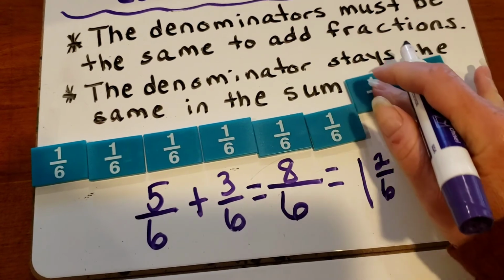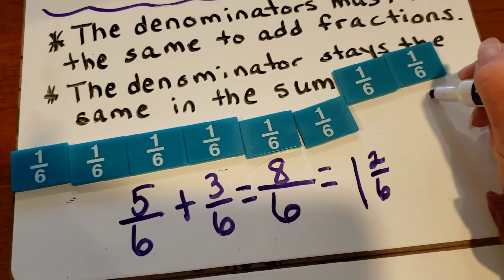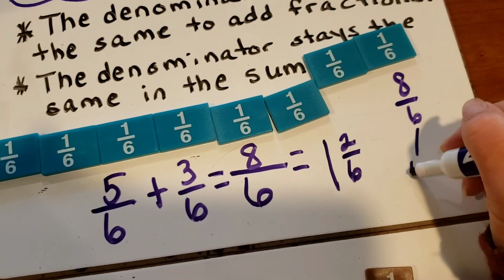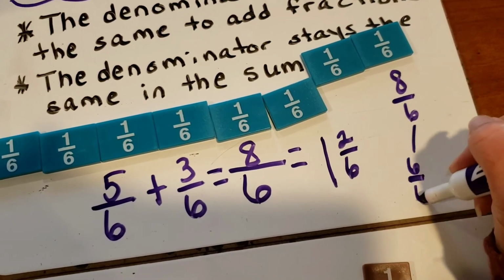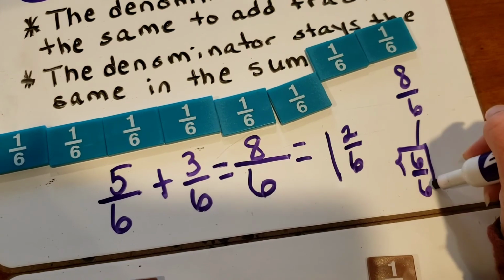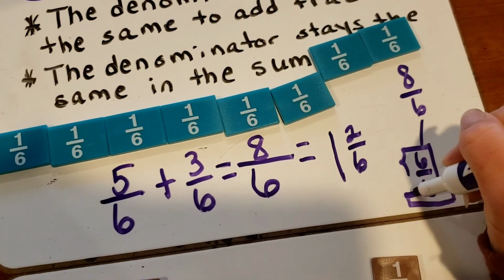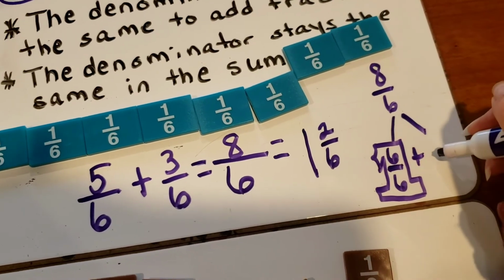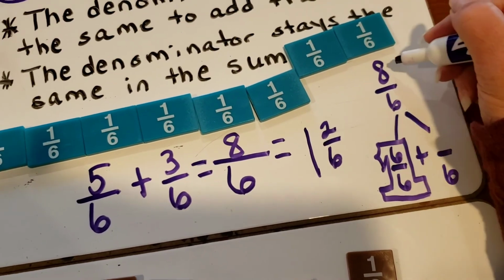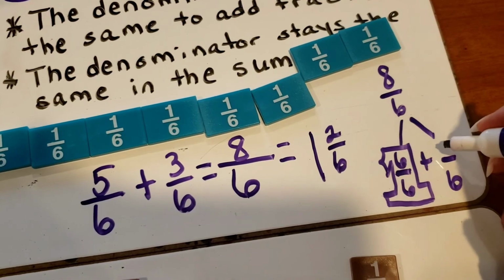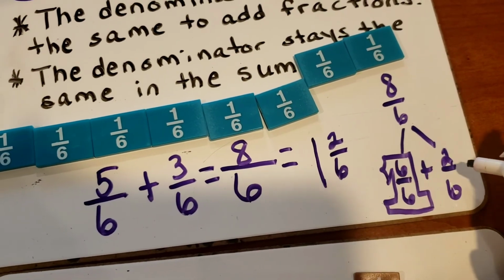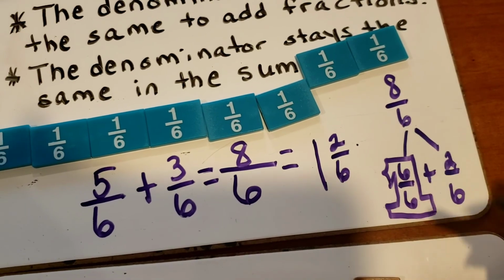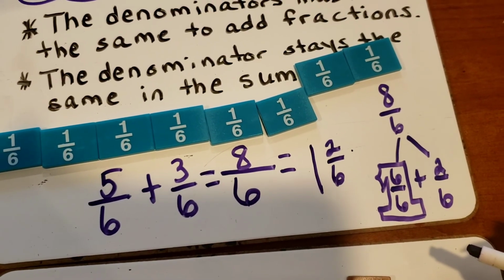Again, if I were to take 8/6 and break it down, 6/6 is equal to 1, plus I need to think about 6 plus what equals 8, and that would be 2/6. So 1 whole and 2/6. That's where I get my whole number, my mixed number.